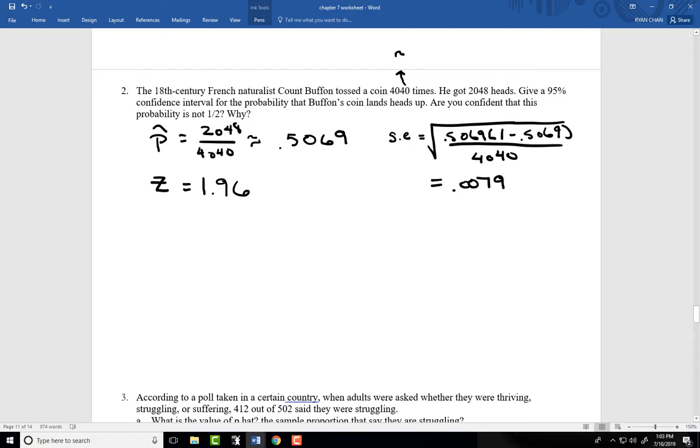So we have everything out. My confidence interval is p hat plus or minus se times z: 0.5069 plus or minus 1.96 times 0.0079.